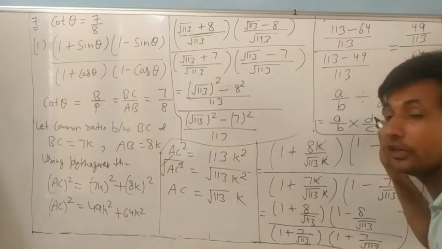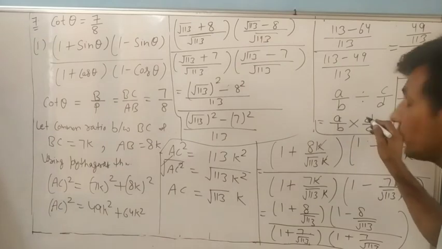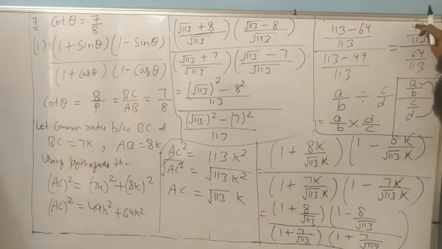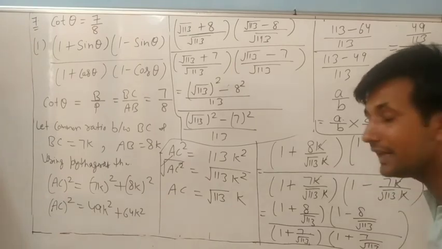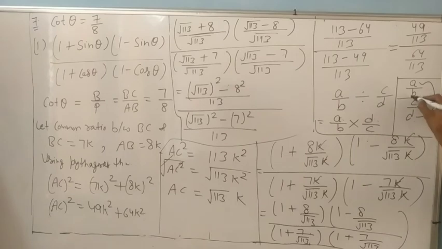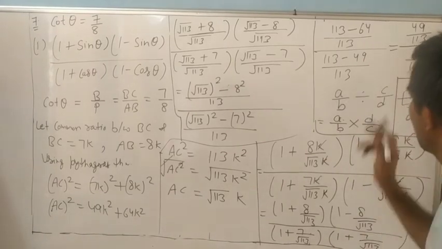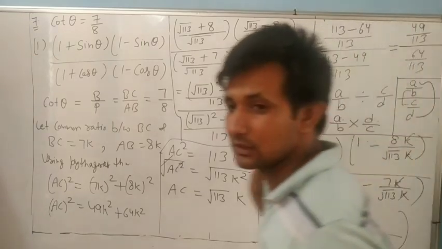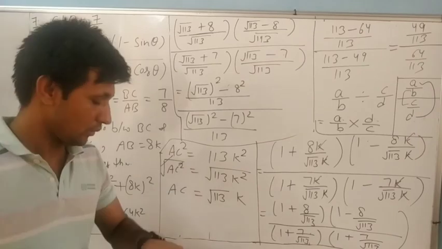A into d, first and fourth. Whenever we write like this, first and fourth multiply, a into d, and downside b into c, second and third. Understand? Note it down first, you can note it down fast.